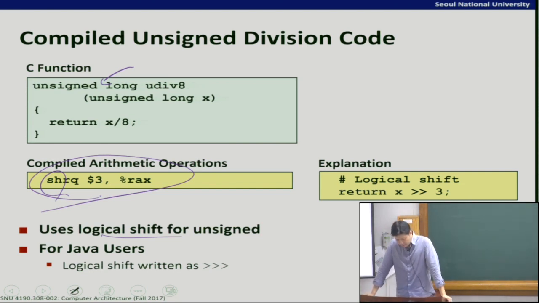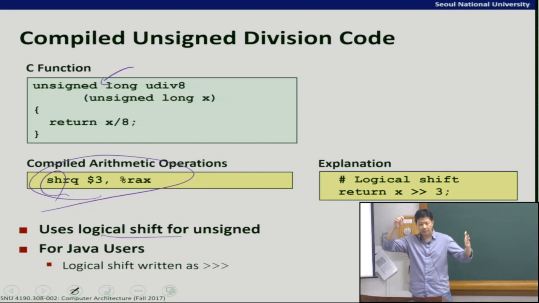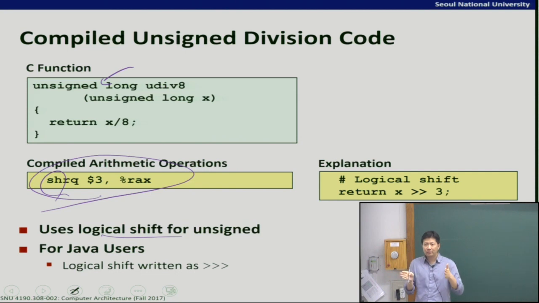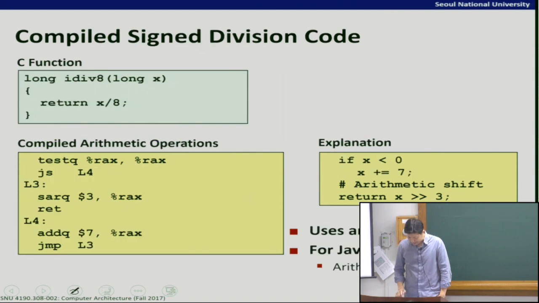For unsigned numbers we use logical shift for division, right? Because in an unsigned number there's no negative number. So whenever you divide it, you always have to pad the upper n bits with 0 instead of 1, right? So we use a logical shift for unsigned numbers.